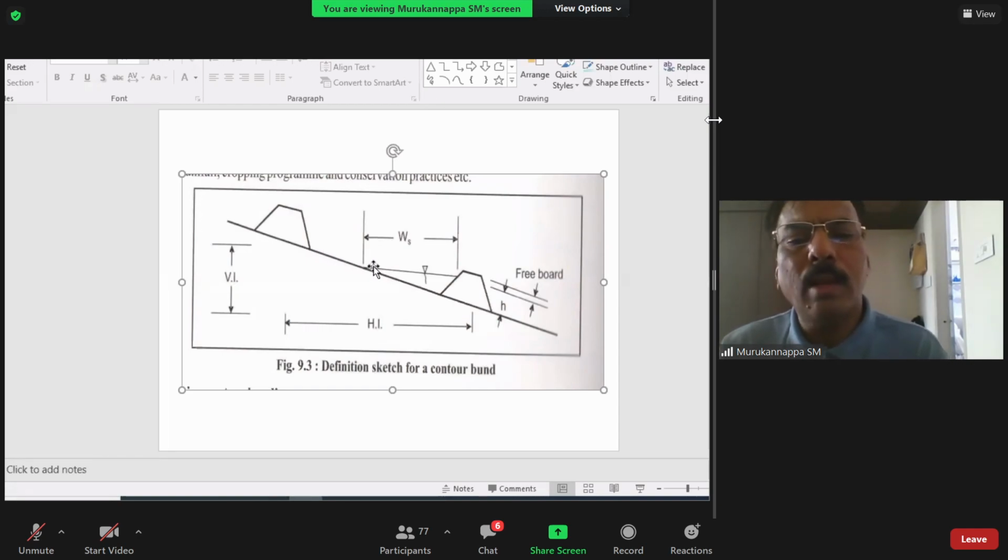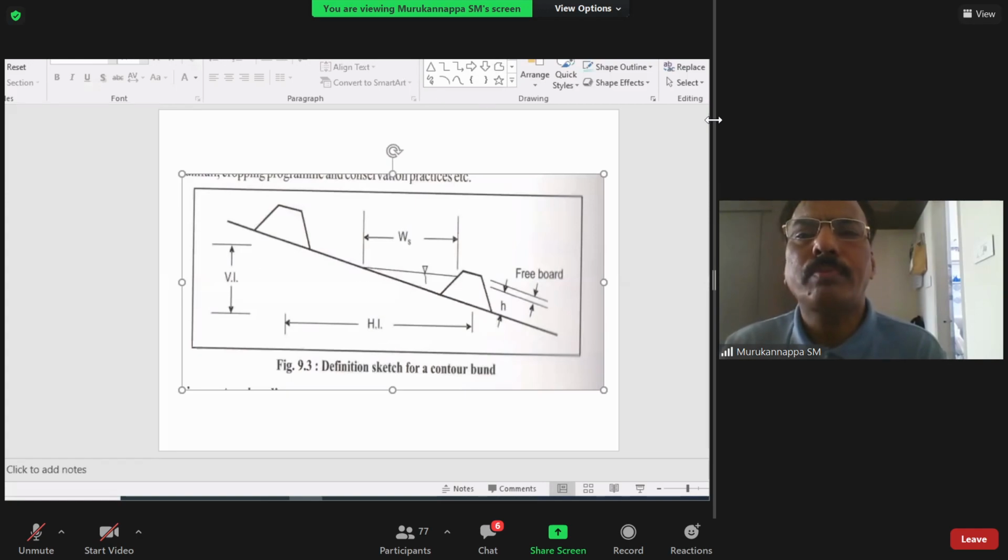Whatever water is stagnating will be fully saturated by standing water, and the remaining half of the water stagnated at the upper bund will contribute to the lower portion, the next area below the upper bund. So the entire portion is clear.